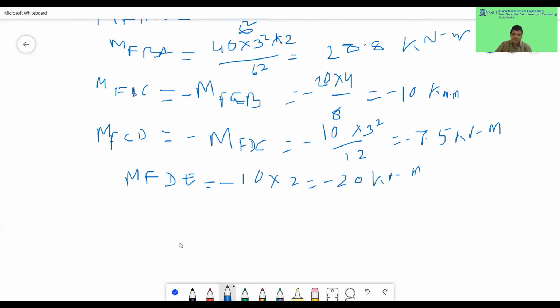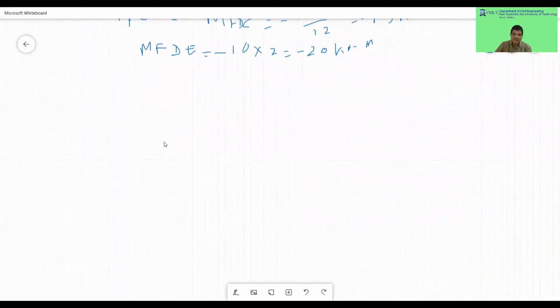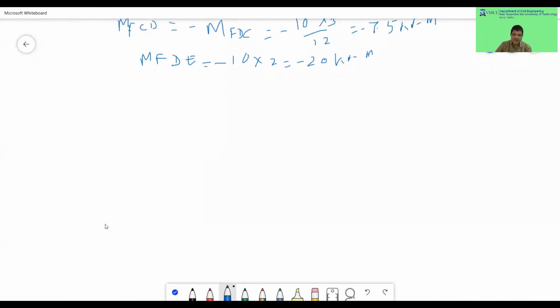Let us find out the distribution factor. What is the distribution factor, DF? How to calculate the distribution factor now? You make a table.